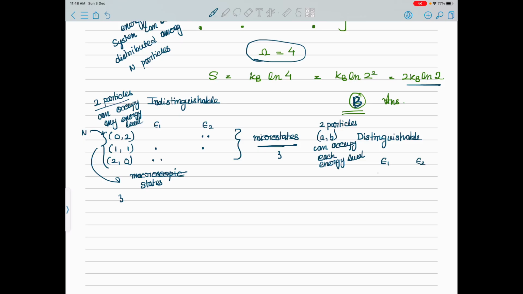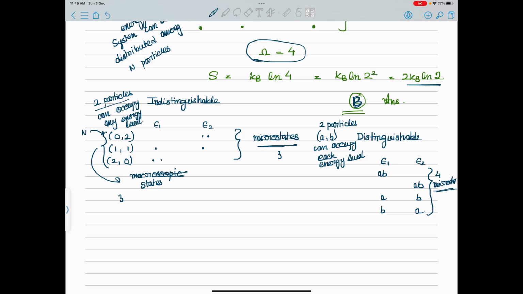It is possible that AB is in epsilon 1 with nothing in epsilon 2. Second case, AB is in epsilon 2. Third case, A is here and B is there. Fourth case, B is here and A is there. So these are the 4 possibilities, and therefore 4 microstates.